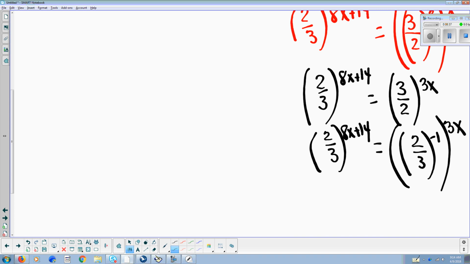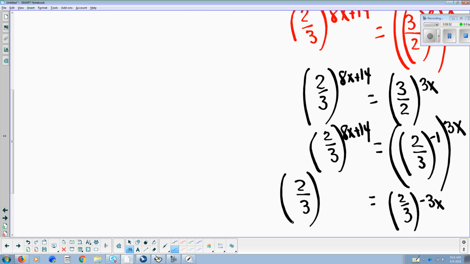Okay. So again, I have powers of powers, so I can multiply the exponents. The right-hand side becomes 2/3 to the -3x is equal to 2/3 to the 8x plus 14.